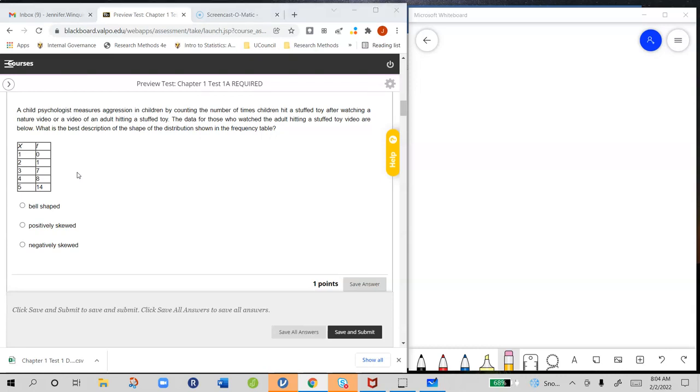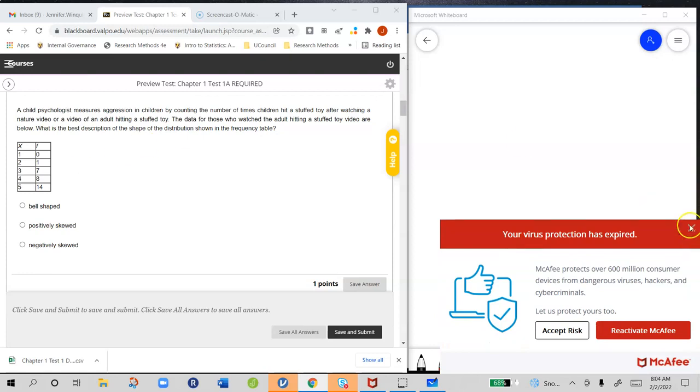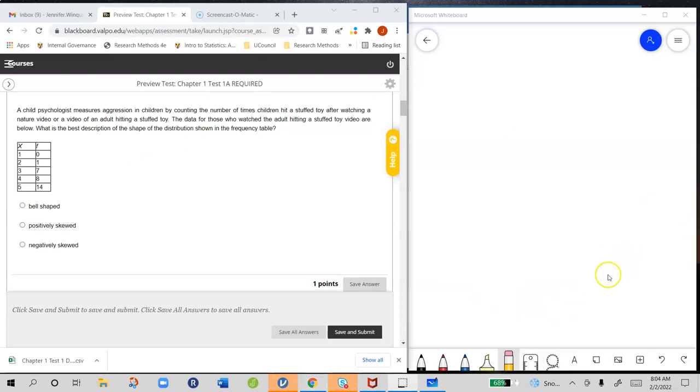In this case, we'd have very few scores at the low end, and quite a few scores at the high end. So this would be a negatively skewed distribution. If I were drawing this out, I would have 1, 2, 3, 4, 5 as my categories.